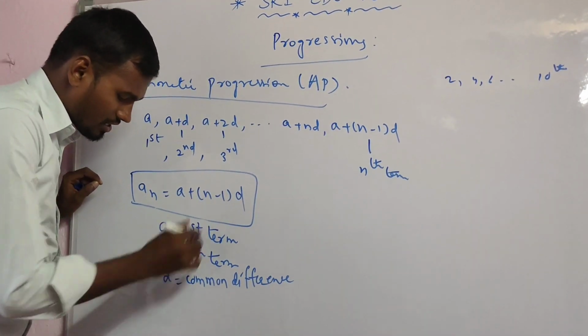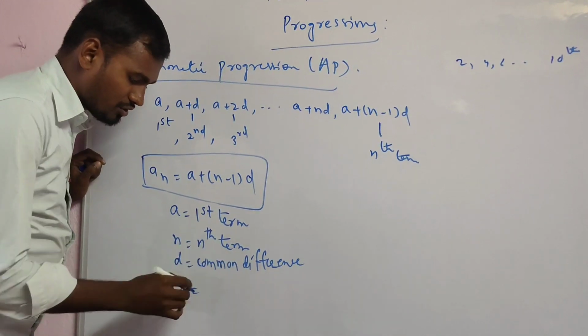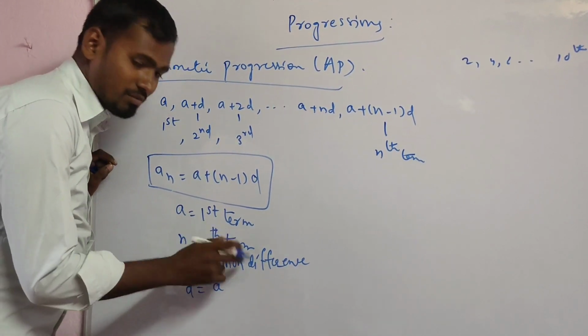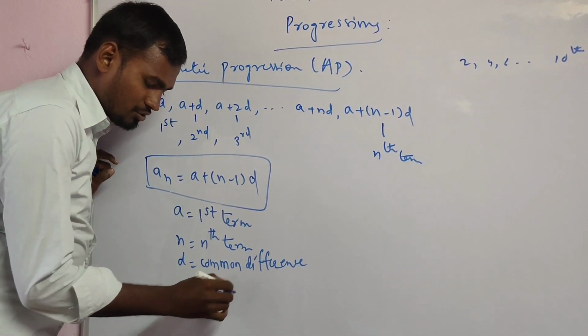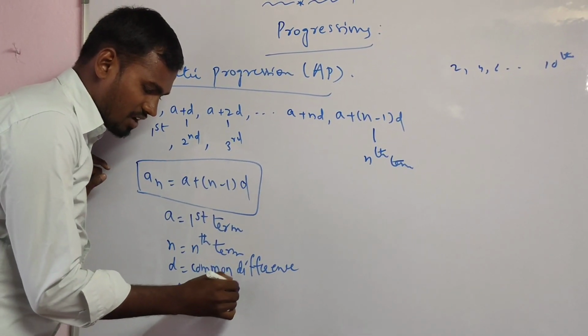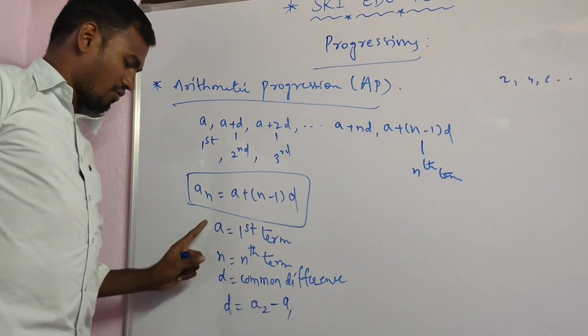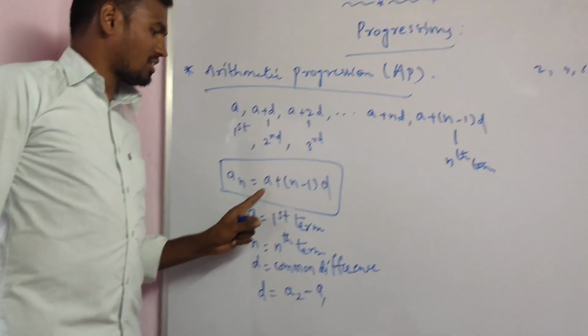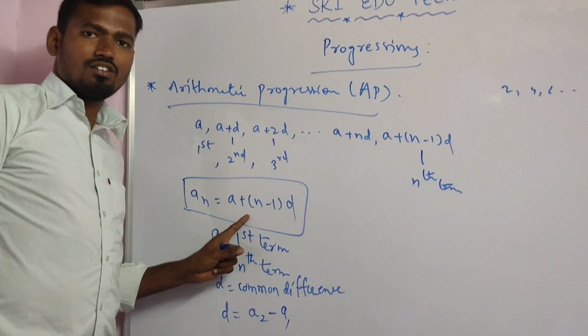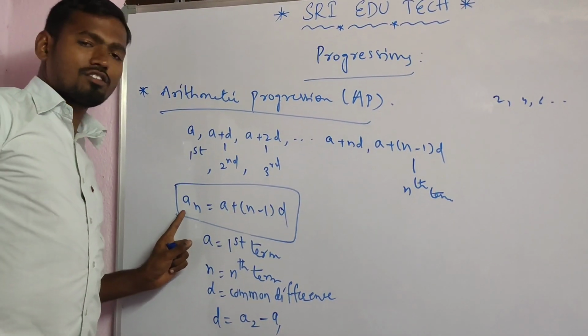Then you write the common difference: d is equal to second term minus first term, that is d is equal to a2 minus a1. From this you substitute in this formula to get the nth term.